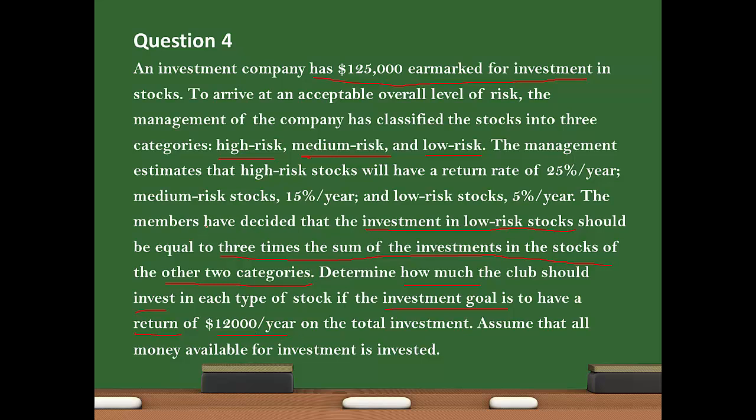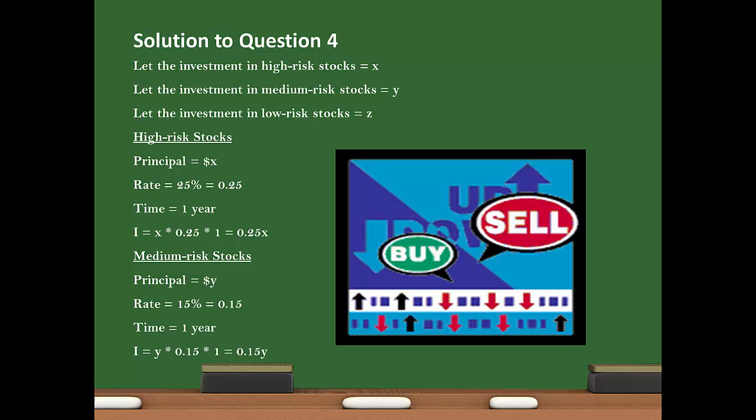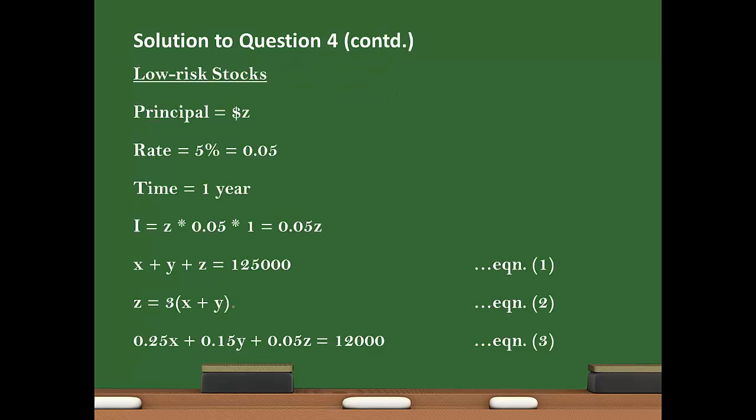So you find the return, which means interest. Interest from the high risk plus interest from the medium risk plus interest from the low risk will give you 12,000. And that becomes equation 3. Okay?